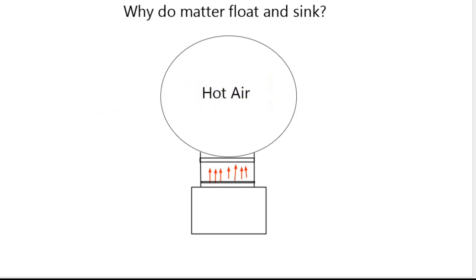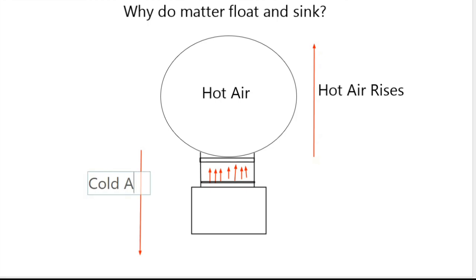It is now filled up with hot air, which means it will go up because hot air is less dense than the cold air. Hot air will rise, causing the balloon to go up, and cold air will go down, pushing it further up. Cold air sinks and the hot air floats.